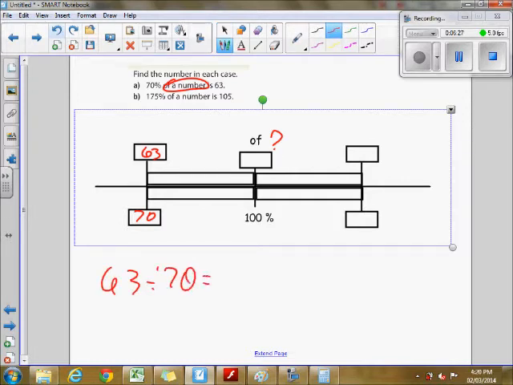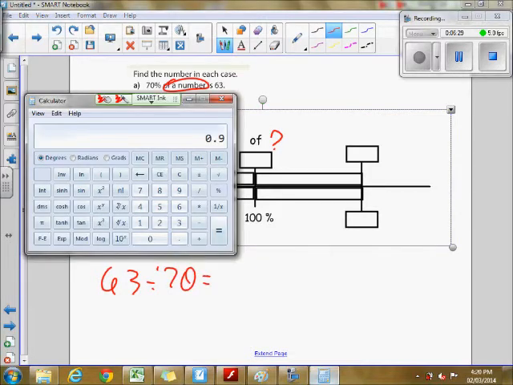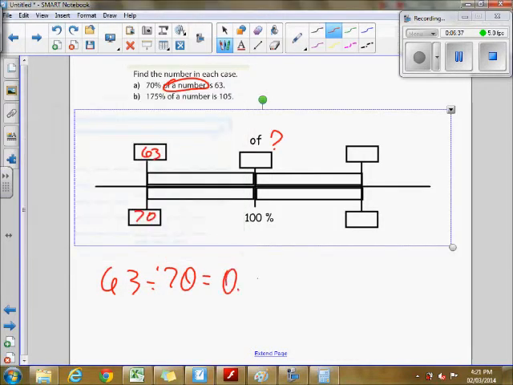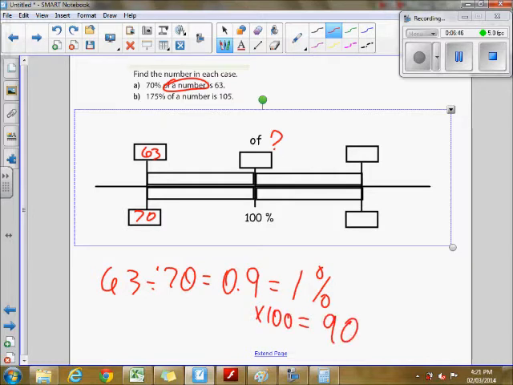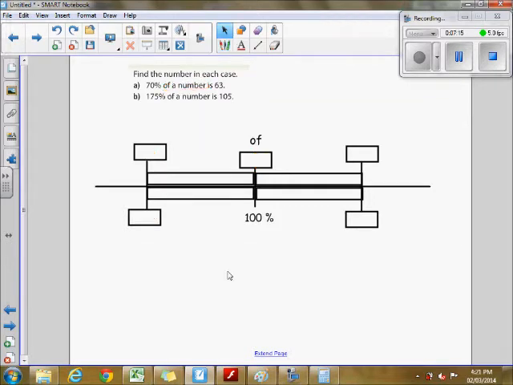And that will give us, if we take our calculator out, 63 divided by 70, 0.9. So that's what is equal to 1%. So to find 100%, we times it by 100. And that will give us 90. So the number 90 is our 100% number.